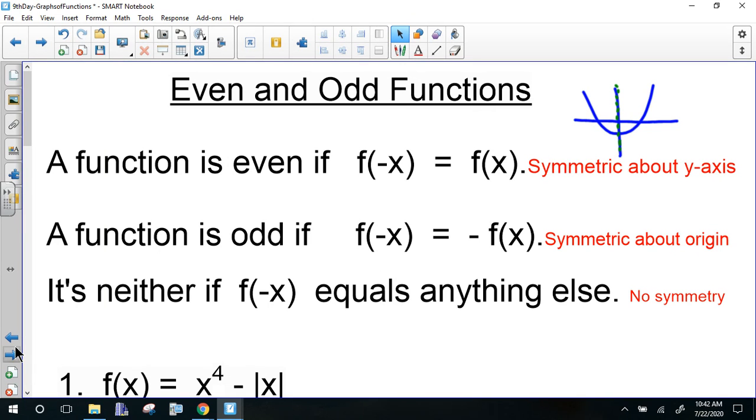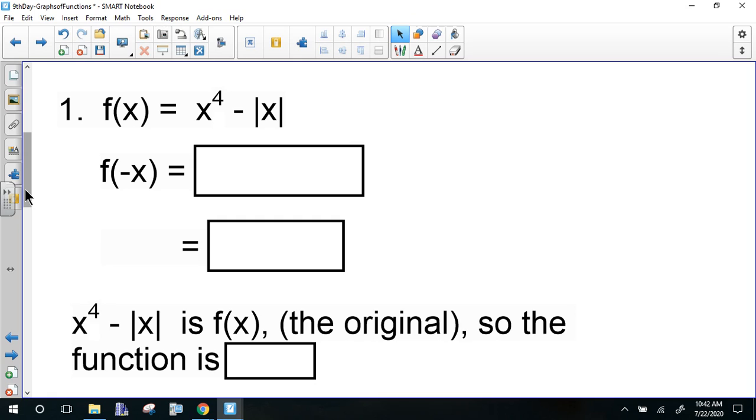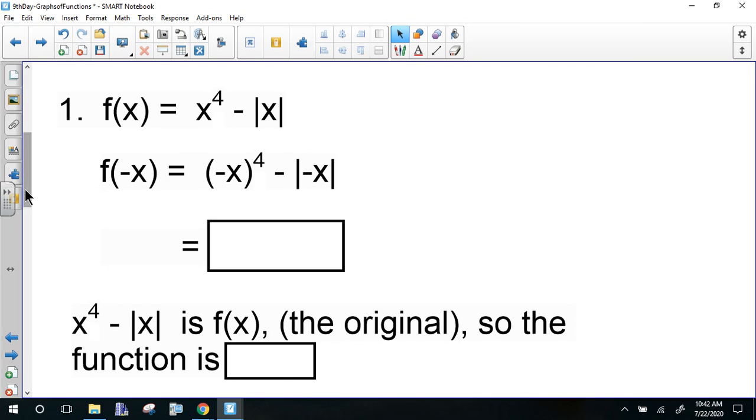And we're going to look at a few of these. So I'm going to algebraically calculate whether it's even, odd, or neither. To do that algebraically, I need to plug in a -x for every x in my function. So I'm plugging in a -x here and a -x here. If you have even exponents, the negatives stay a positive.